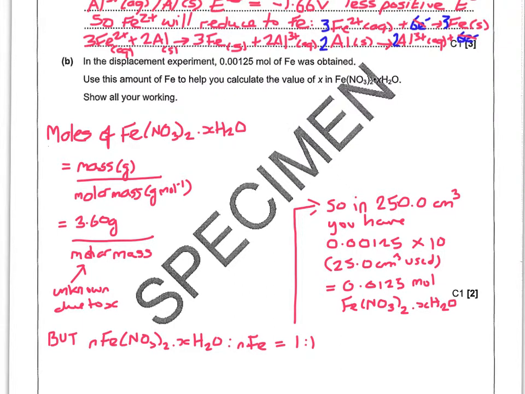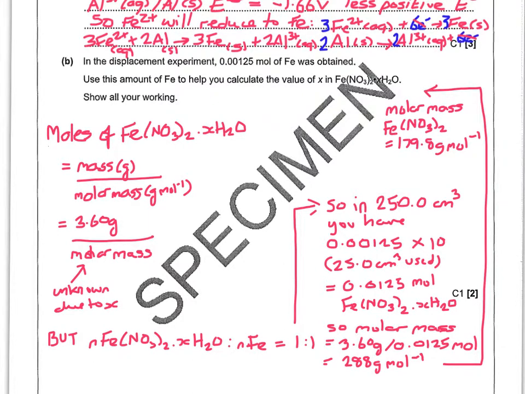So in your full 250 centimetres cubed of hydrated iron nitrate solution, from which you used 25 centimetres cubed to do the displacement, that must mean you multiply 0.00125 times 10 to make 0.0125 moles of your hydrated salt. So rearranging moles equals mass over Mr, that gives us 288 grams per mole for our hydrated iron salt.